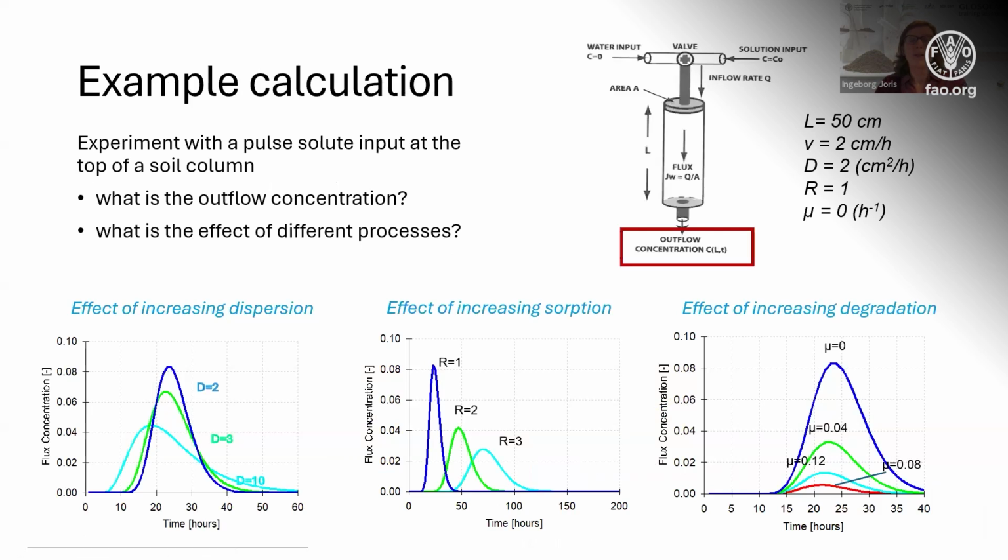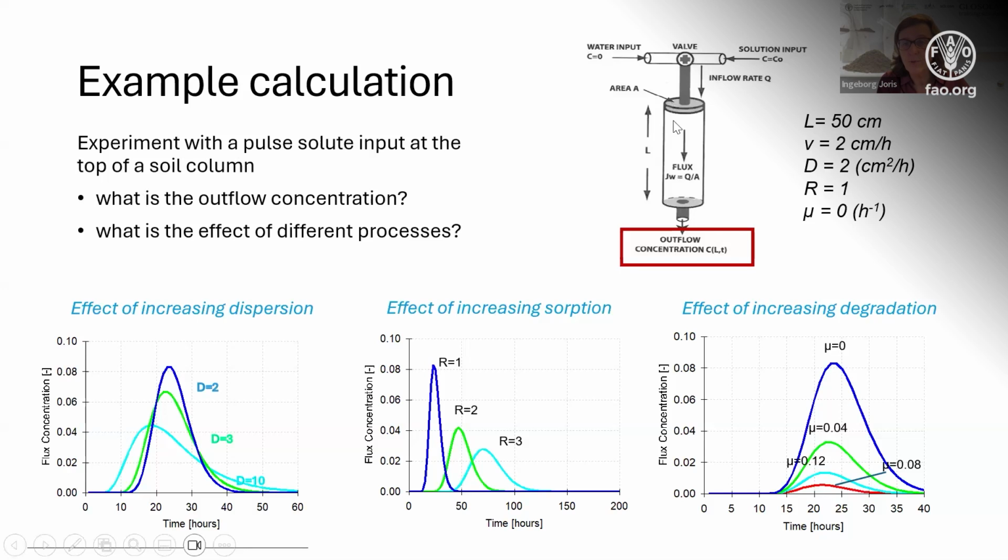And then an example calculation. It's not calculated by hand, it's calculated with a software code, just to get a feel for the impact of the different processes we described on the concentrations reaching the groundwater. So what do we have? We have a hypothetical experiment.